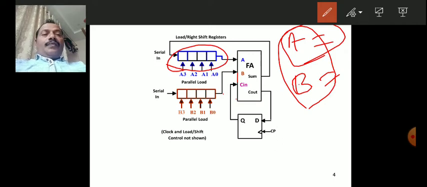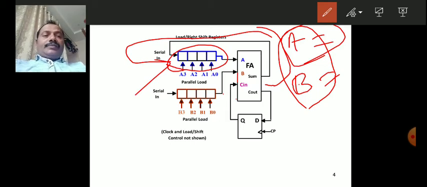After addition, the sum goes back to the shift register, so the result is stored in the A register only. Once the result is stored, the previous data is erased.